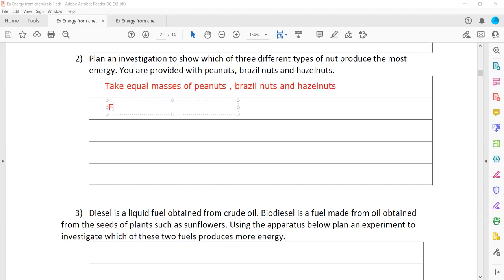Then we will fill 3 beakers with the same volume of water. Then we'll record the initial temperature. Initial means the starting temperature.